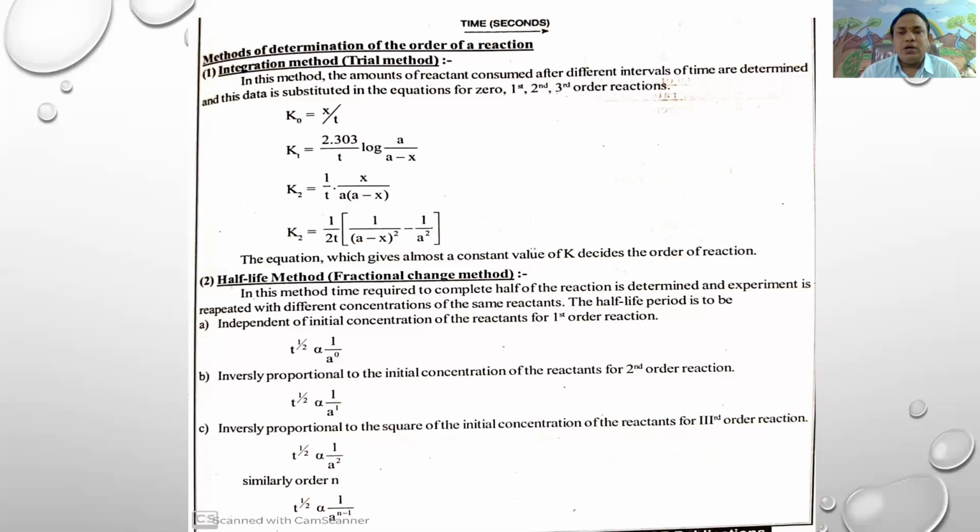Here, based on the half-life period and initial concentrations of zero, first, second, and third order reactions, the nth order half-life period is inversely proportional to the n minus 1 power of initial concentration of the reactants.